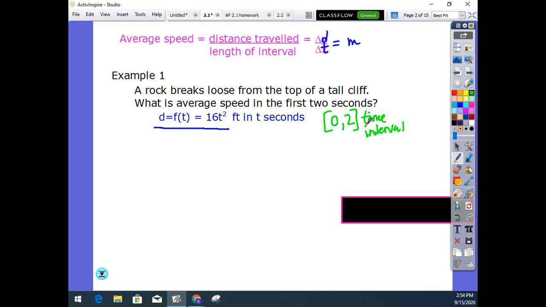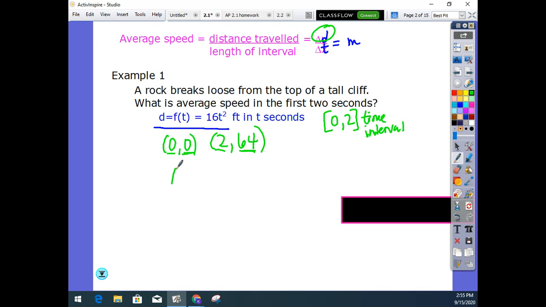All right, so does it make sense? At time 0, I didn't travel anywhere. After 2 seconds, how far did I travel? I just plugged 2 in. 2 squared is 4 times 16 is 64. So my y value is calculating distance. That's going to be my change in y, and my x value is 2 seconds.